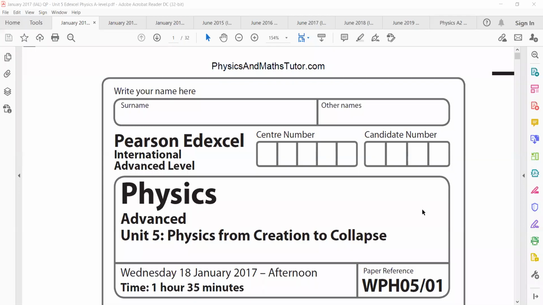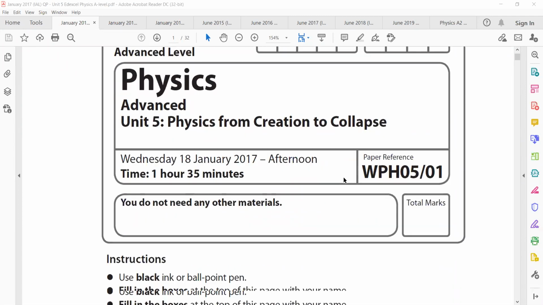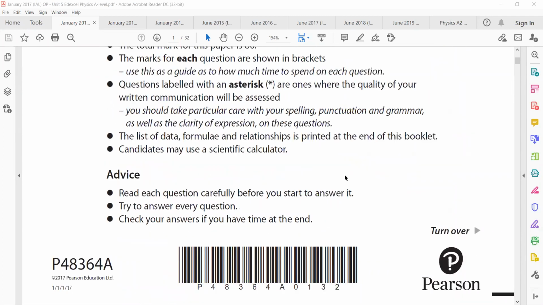Nuclear physics question from the past paper, January 2017, Unit 5.